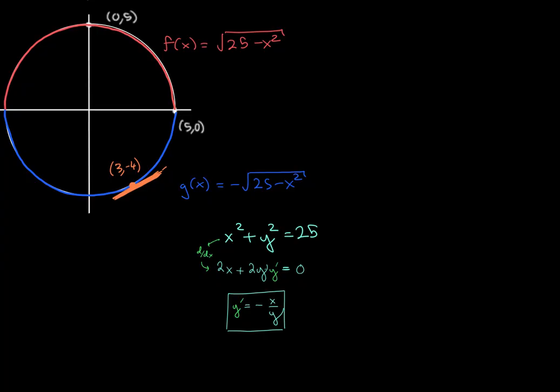So to find this slope right here, I simply plug the right thing into this equation. y is in the denominator, that's negative 4, and x is in the numerator, that's 3, so that's going to be positive 3/4.